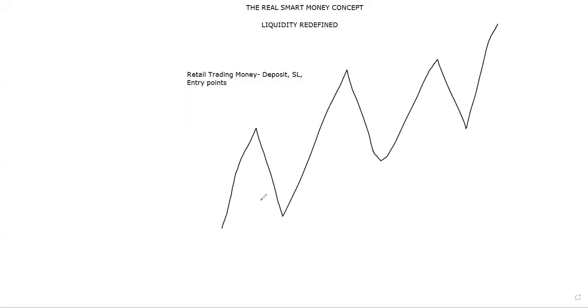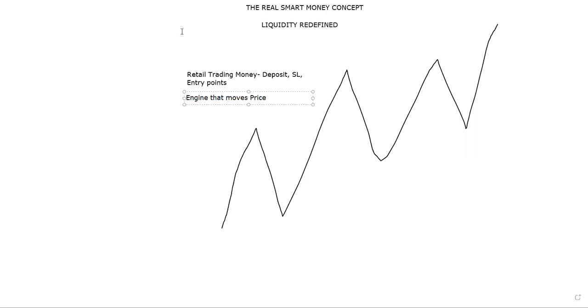So liquidity is what drives the market, what makes the market go up and down, up and down. For it to move like this, the market needs what we call liquidity. We can also describe it as the engine that runs the market, the engine that moves price.